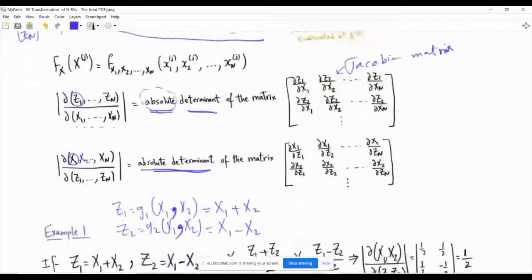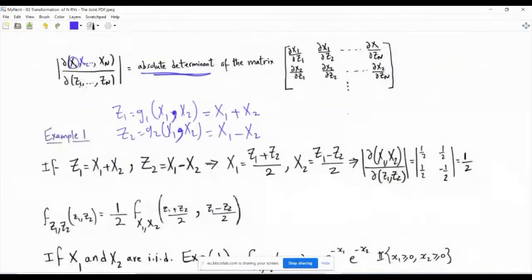So here I will rewrite x1 and x2 as z's. I will take these two functions. If we add z1 and z2, we get z1 plus z2 is equal to 2x1.